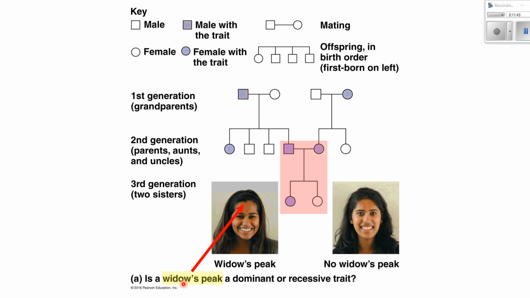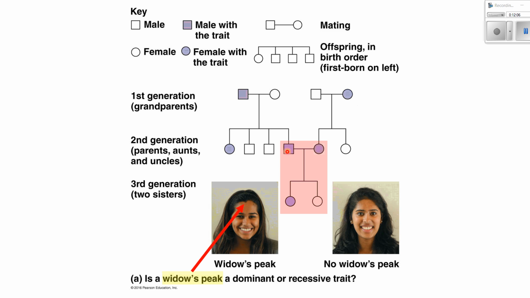And that's a real thing. It sounds made up, but it's a real thing. It means that when you pull back on the hairline, right up at the forehead, there's a little point in the hairline, almost like Dracula in the old horror movies. If you don't have widow's peak, it looks like this. You can see this. These girls are sisters.